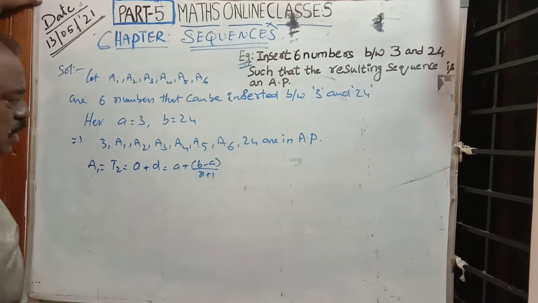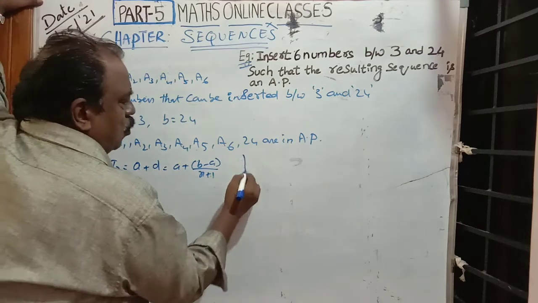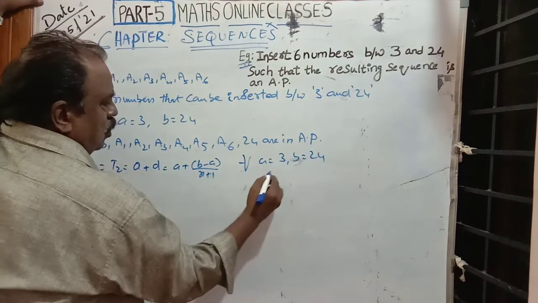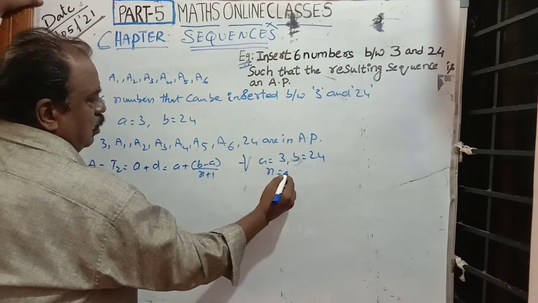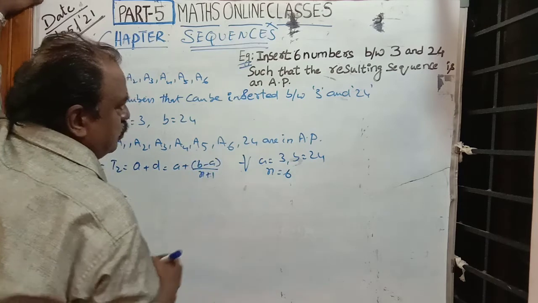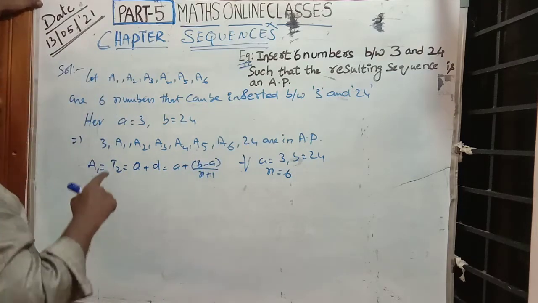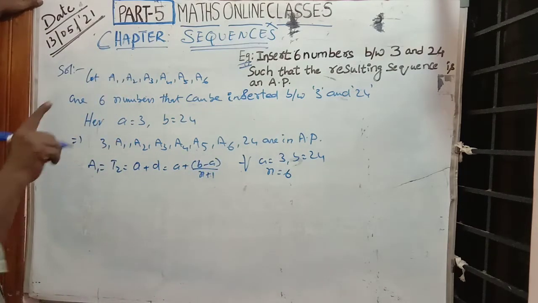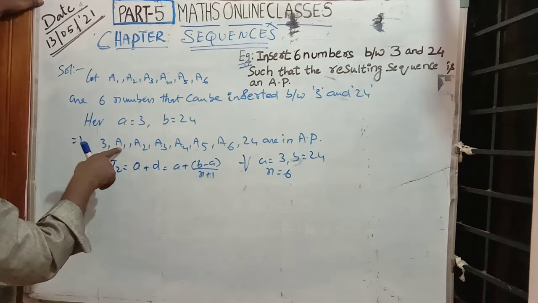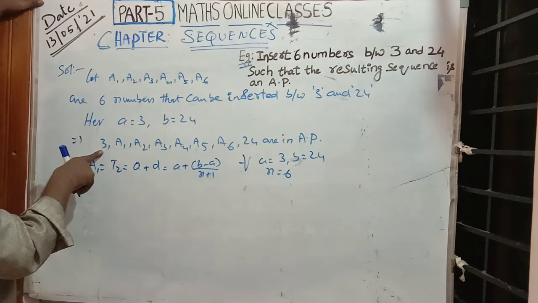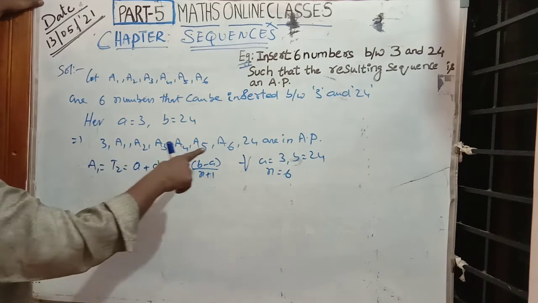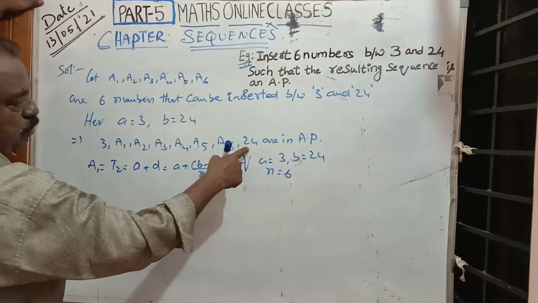Here A is equal to 3, B is equal to 24, N is equal to 6. 6 numbers must be inserted between 3 and 24. So, A1 is not T1. T1 is the first term. A1 is the second term. A2 is the third term. A6 is the seventh term. 24 is the eighth term.